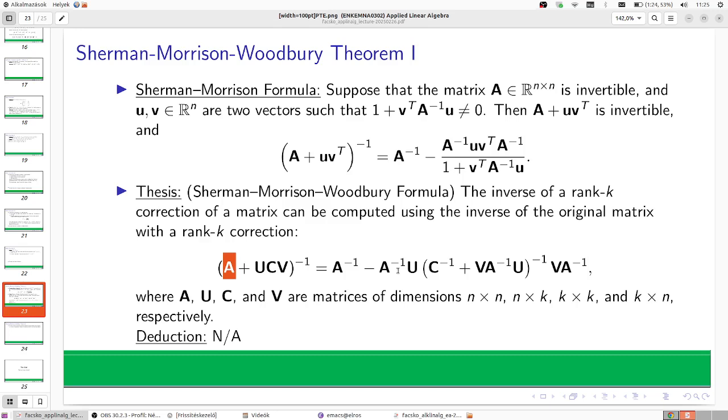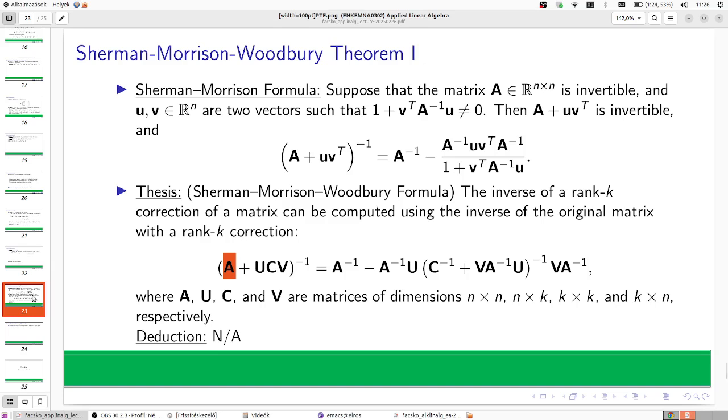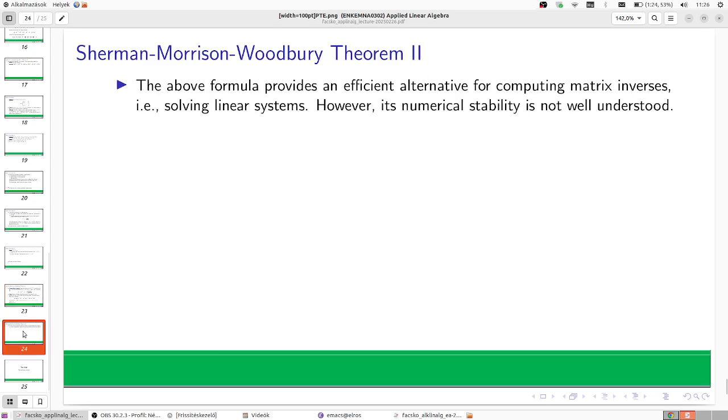Okay, that was in the syllabus, so I told you. I fulfilled my duty, but sorry for the mess and this bad translation. Yes, and this formula helps you solve systems of linear equations faster, and the way is to calculate matrix inverses faster.